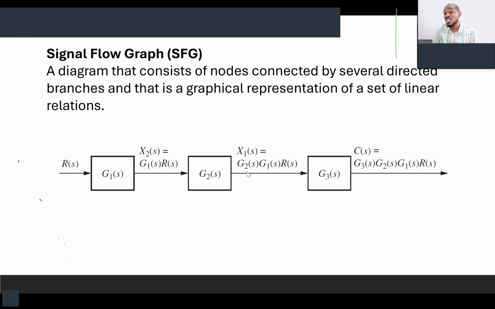That's why you now see G2 of S acting on G1 of S, R of S, which was the input. Then when you come to this guy, the transfer function here is G3 of S, and what is being inputted is what is coming out of the previous block. So it's easy to see how these things are linearly connected and the relationships between them. That's what a signal flow graph shows you.